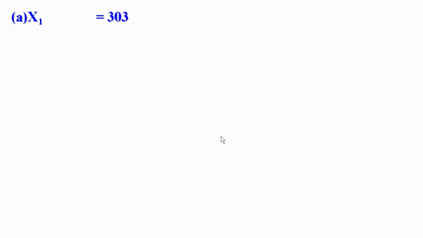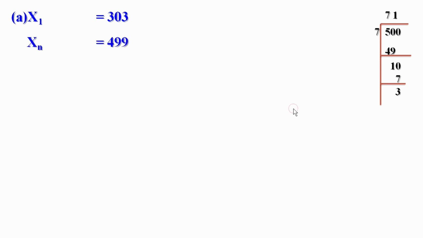Now to find the last term, let us divide 500 by 7, and the remainder is 3. To make it 2, we have to subtract 1 from 500. So the last term of the sequence is 499. This is the sequence of numbers which leave remainder 2 on division by 7.